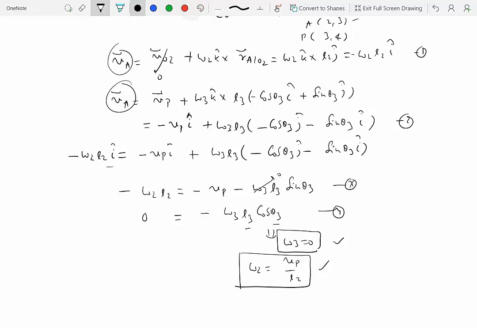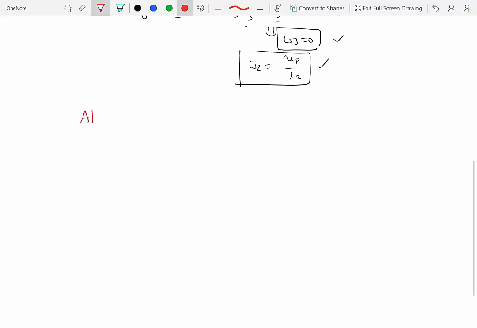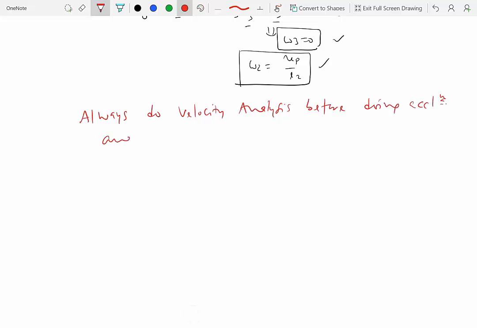So let me write that down, in red color: always do velocity analysis before doing acceleration analysis. Okay, because you will need angular velocities.